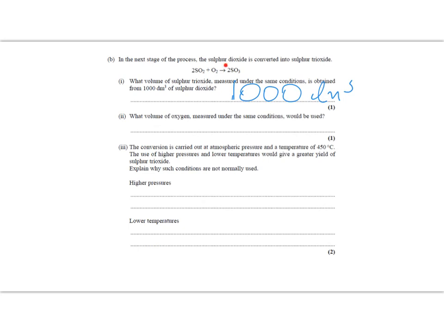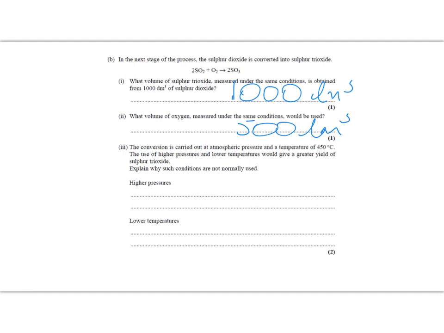Now because the ratio is 2 to 1, that tells you that the volume of oxygen is going to be half that. So you're going to have 500 decimeters cubed. You can see the handwriting is a little bit better.